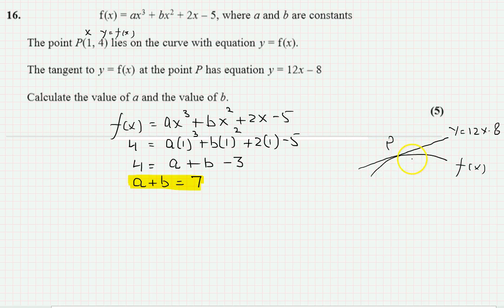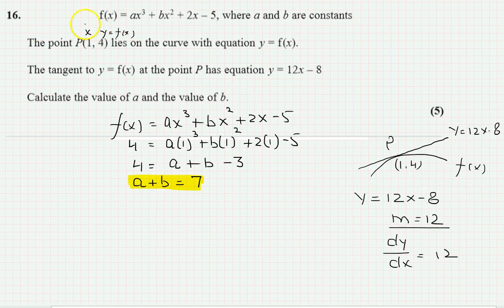This is a tangent. So equation of tangent is y is equal to 12x minus 8. So slope of this tangent is m. And this is passing through 0, 1, 4. So it means dy over dx is 12.